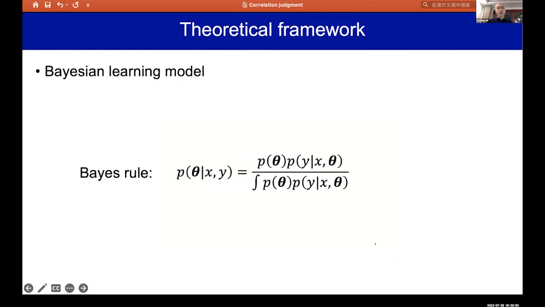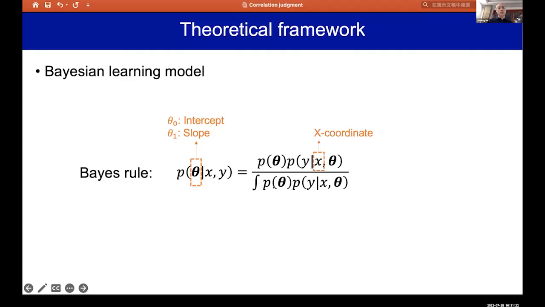We assume participants are Bayesian learners who are interested in updating the properties of this bivariate relationship, and in particular, the parameters of the regression line, which consists of 2 components: theta 0 is the intercept and theta 1 is the slope.